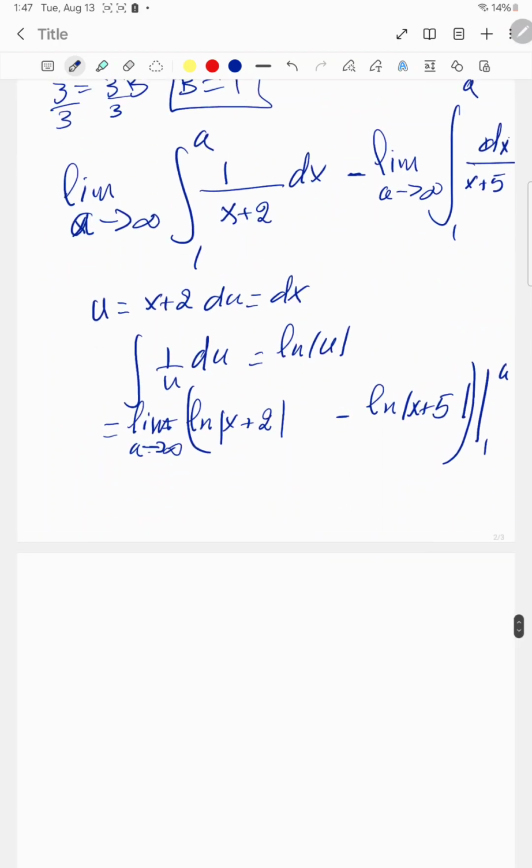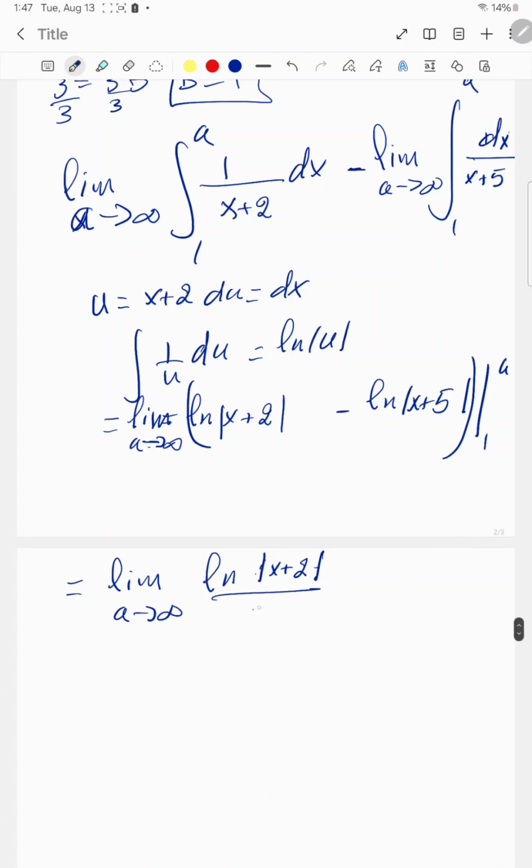But I know if I have ln of something minus ln of something, it becomes the limit when a goes to infinity of ln of x plus 2, or a plus 2, anyway, divided by x plus 5, and all that between 1 and a. This is a here, yeah?